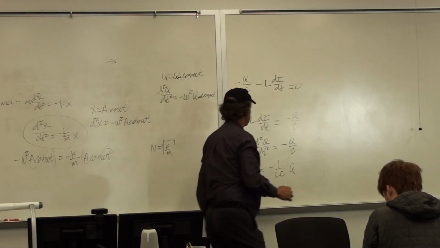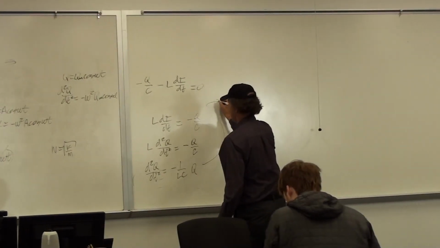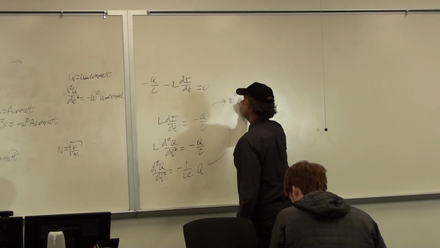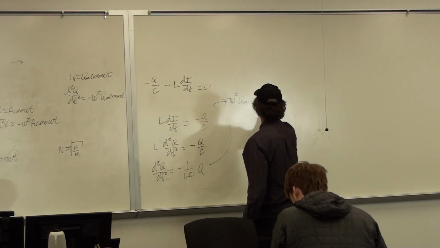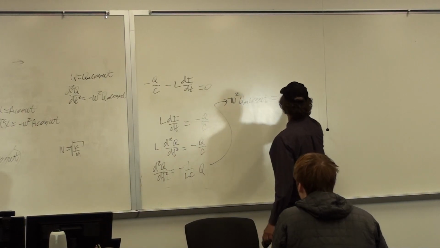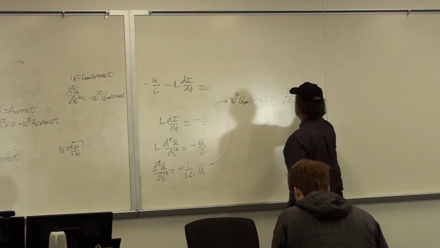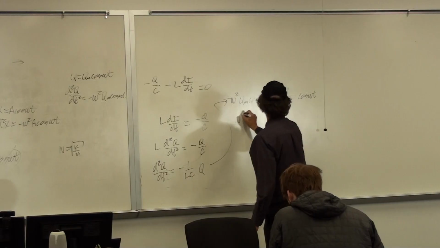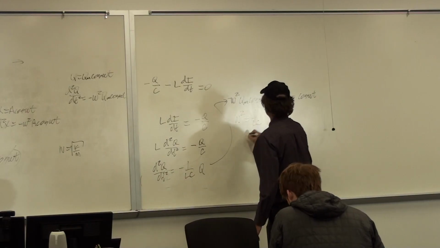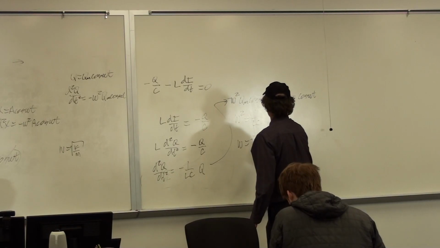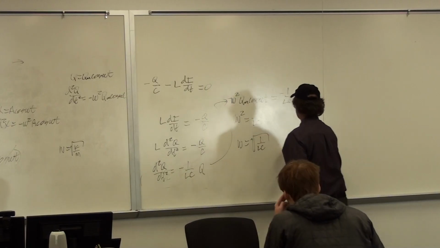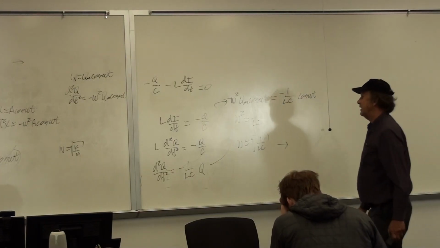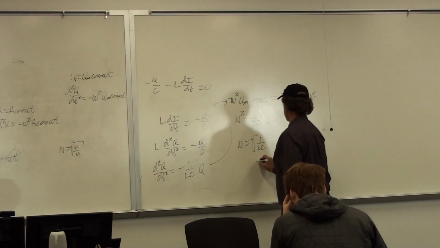So we plug that into this expression, and we get minus omega squared Q max cosine omega t is equal to minus 1 over LC times Q max cosine omega t. Gives us omega squared equals 1 over LC, or omega equals the square root of 1 over LC. So this is the natural frequency of an LC circuit, or what we call the resonant frequency.